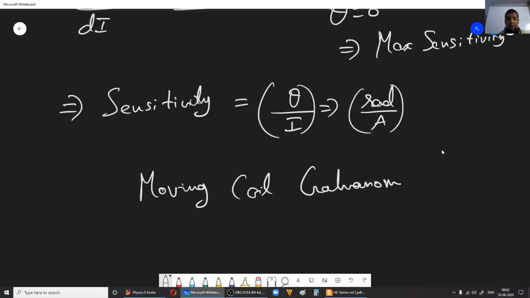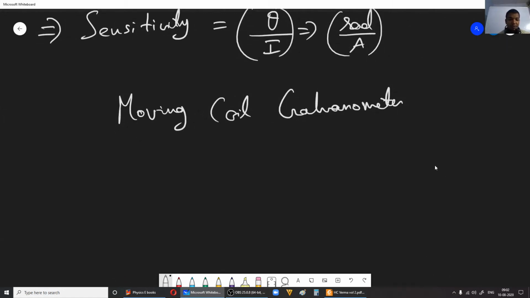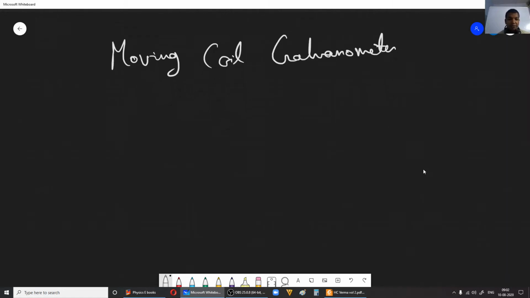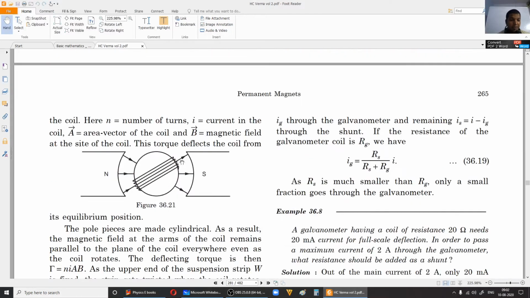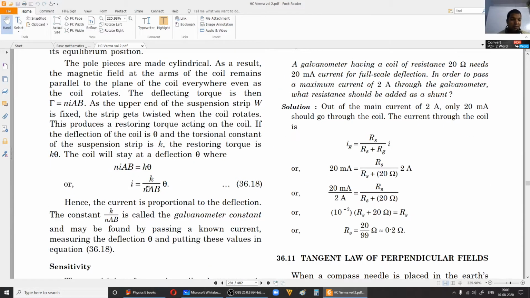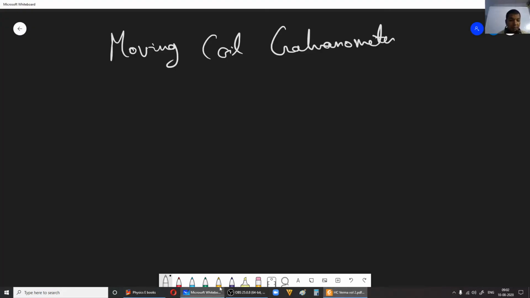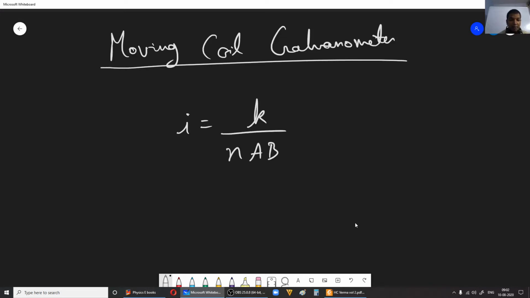Am I right? But there is one small difference we need to understand between the moving coil galvanometer and the tangent galvanometer. If you take a look at the moving coil galvanometer, I is equal to K divided by NAB into theta.